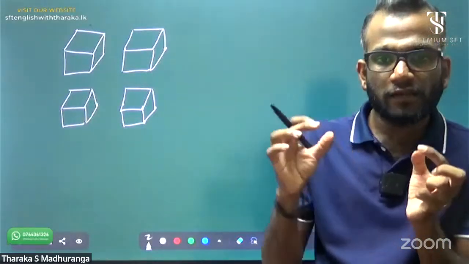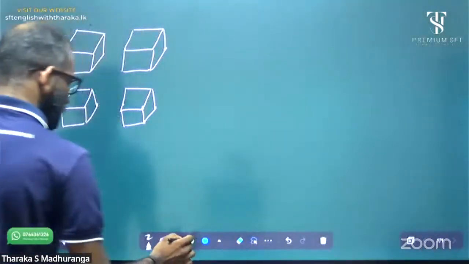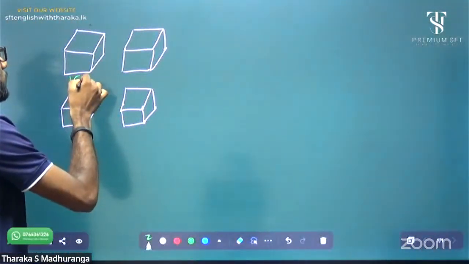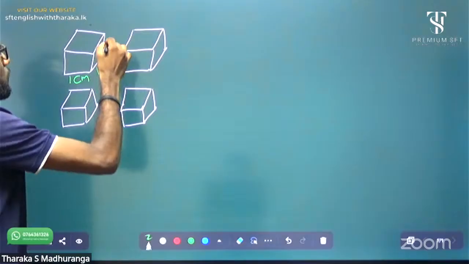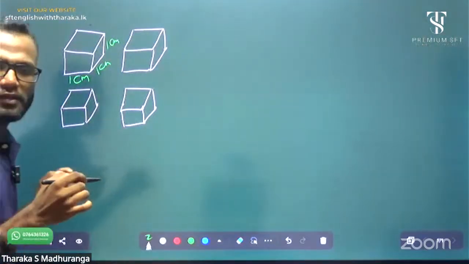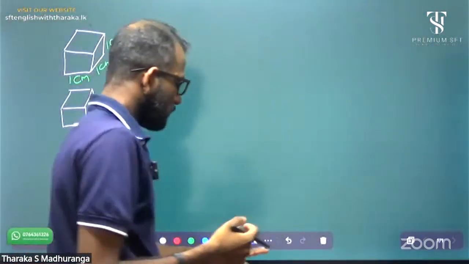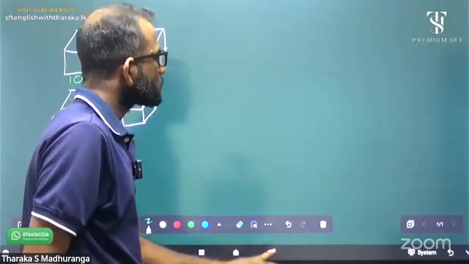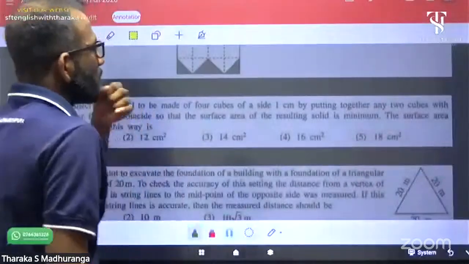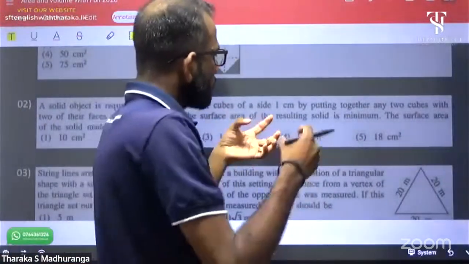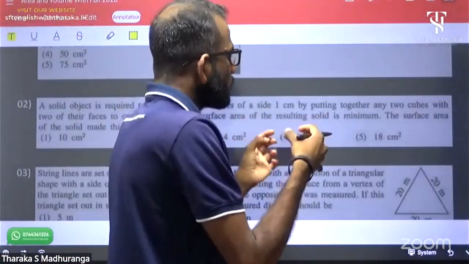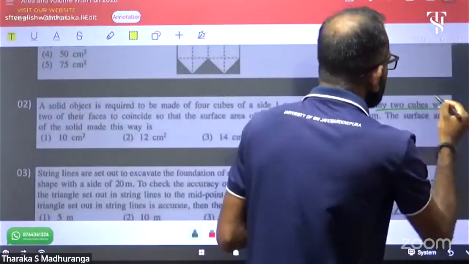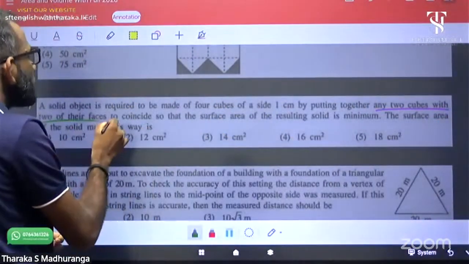What's the side length? 1 centimeter, 1 centimeter, 1 centimeter. Right. Now, what is asked? Putting together these 4 cubes, putting together any 2 cubes with 2 of their faces coincide.